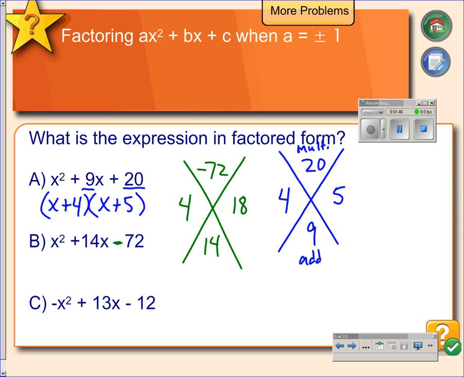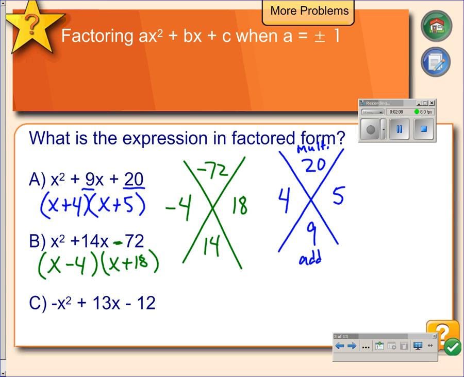We want this to come out to a positive 14. So if 4 is negative, negative 4 plus 18 is positive 14. But negative 4 times positive 18 is negative 72, so that's going to work out. And then we can factor it as x minus 4 and x plus 18.